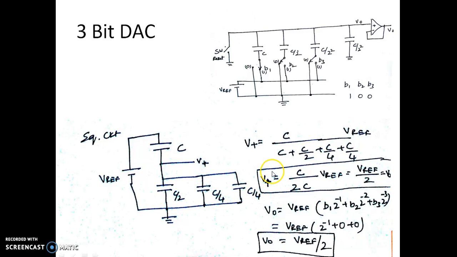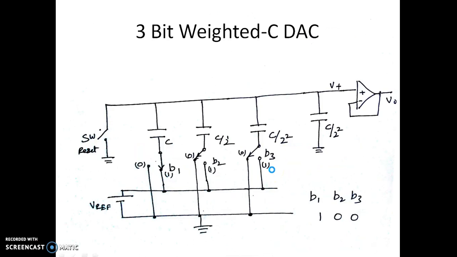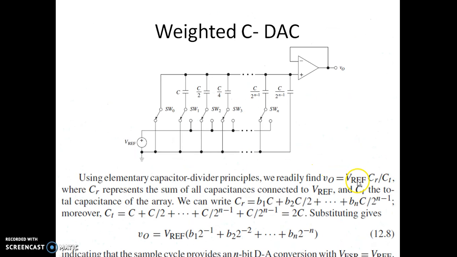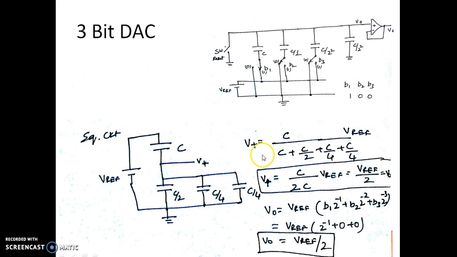So from the equation whatever we had there in the earlier case, the V naught is given by V reference multiplied by CR divided by CT. So V reference in this case is this V reference, and the capacitor that is connected to V reference is only C. The other three capacitors are connected to ground. The total capacitance is C plus C by 2 plus C by 4 plus C by 4, as it was said that always the total capacitance is equal to 2C.